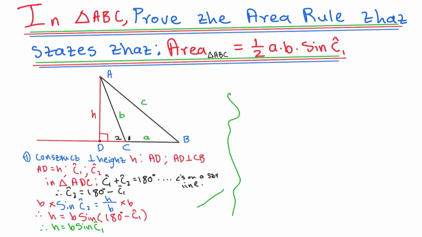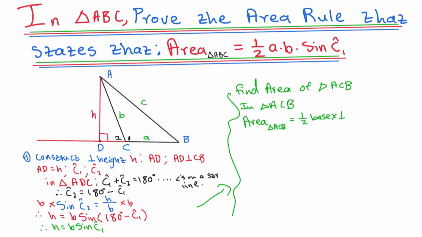The second step, we're going to write it in here. Now, in the second step, I'm finding the area. Find the area of this triangle, which is triangle ACB. So in triangle ACB, I'll say the area is equal to, using the normal area rule, half of the base multiplied by the perpendicular height.